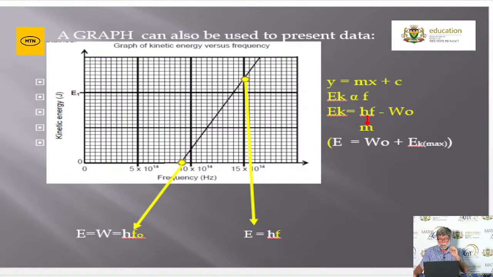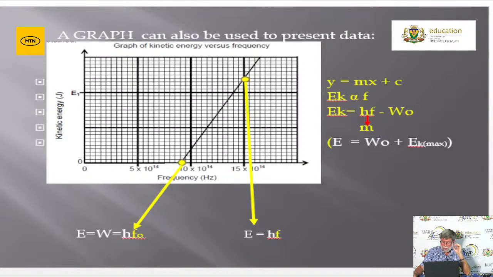And then, important, you must again relate it to y equals mx plus c, a straight line graph. Again, this indicates kinetic energy is directly proportional to frequency. There's the key. Then you must change it to an equation. So you must get a gradient. In this instance, what relates to the frequency?